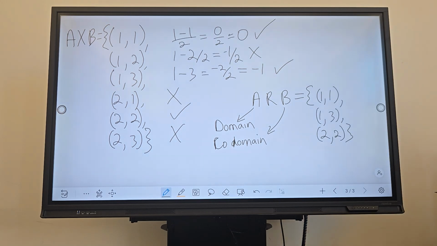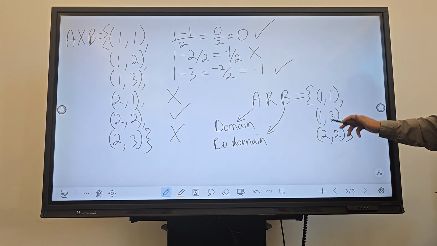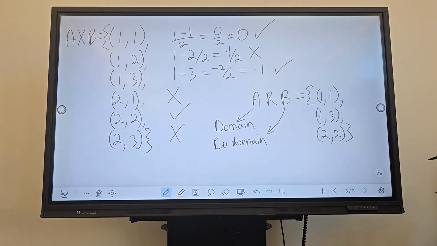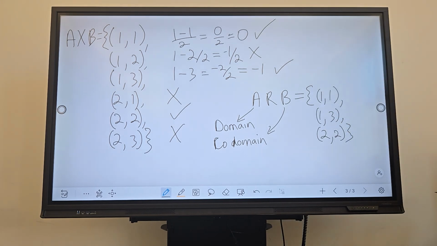It's not just the elements that are used, it's all the elements in those sets, not just the first numbers and the second numbers. It's the entire sets. In this case, it is the entire sets, but sometimes a relation will not have all the elements of the domain and codomain. All right.